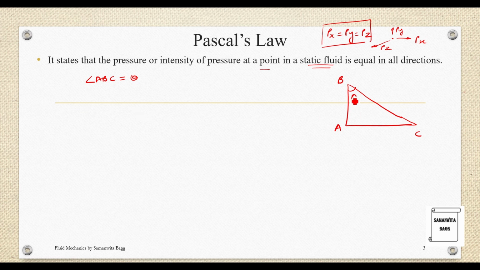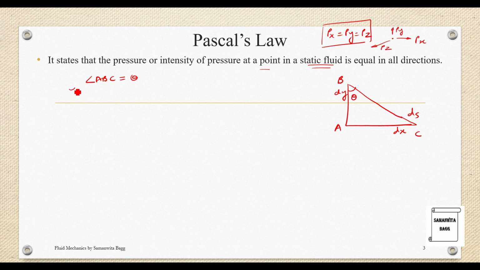So let's say that this side AB, I will call it as dy because it is along the y-axis. AC is along x-axis, so let me call this distance as dx. And this distance is along z-axis, let me call it as ds. Also, we need to talk about the pressure which is acting along the x-axis.